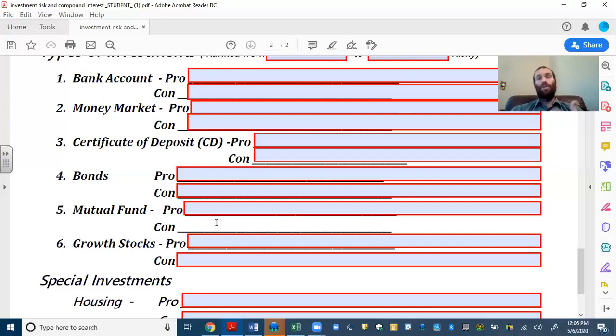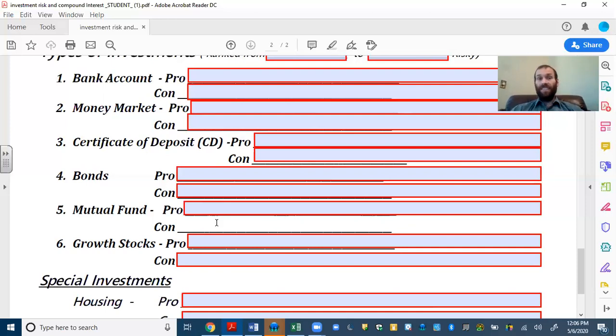If you're able to do that, you have a really good chance of getting all your money back. The problem is that could take days, weeks, maybe even a year to get more of an upswing. So its liquidity is questionable. Sometimes it can be good if you're lucky in your timing. Sometimes it can be bad. So a big con is liquidity.